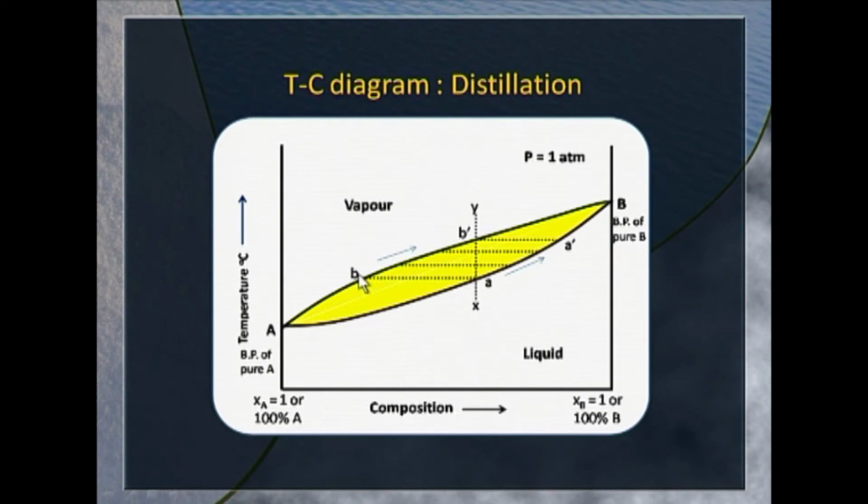The composition of the vapor is given by point B. As I told you, we are permitted to increase the temperature as we are still having 1 degree of freedom in the two phase region, and as we increase the temperature, the composition of the vapor that is emerging slowly readjusts itself and starts moving towards B prime, and the composition of the liquid starts moving towards A prime, and ultimately we reach the point B prime at which most of the liquid is converted into vapor. Traces of liquid is left, which ultimately gets vaporized, and we are left with only vapor.